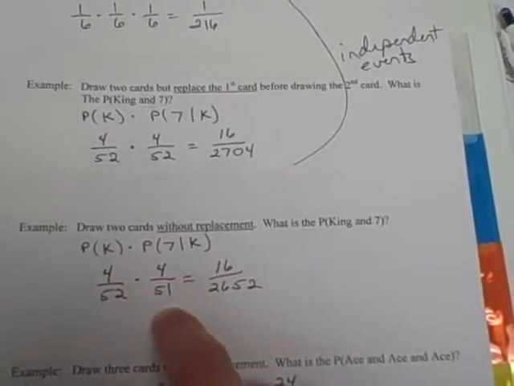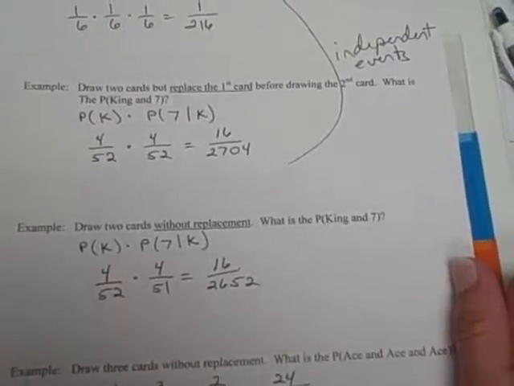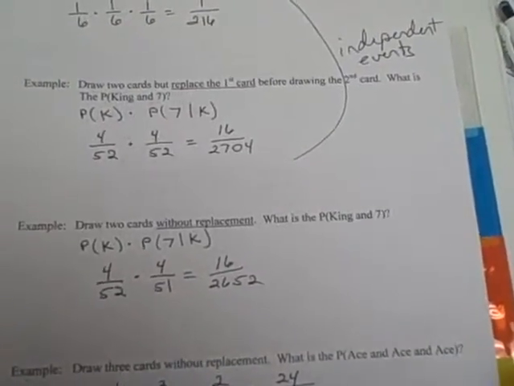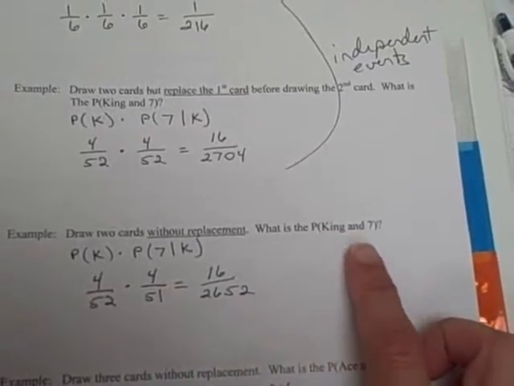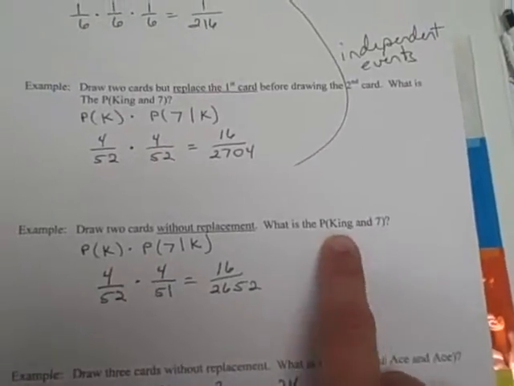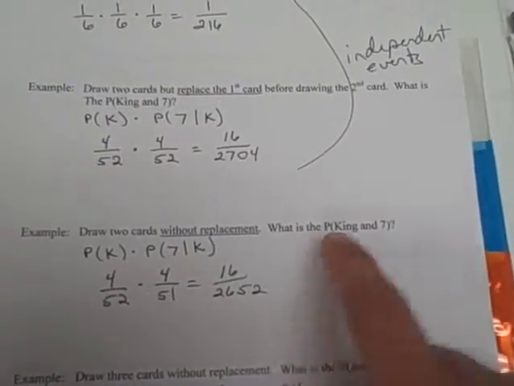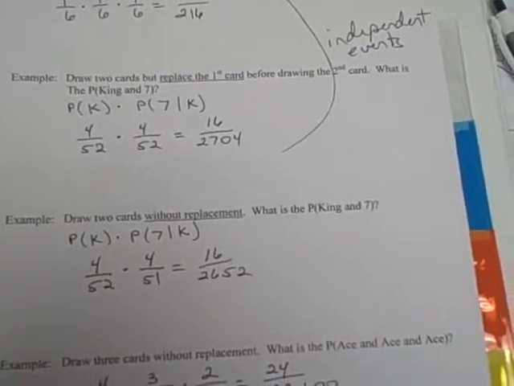Now there's 4 7s out of 51 cards. Multiply straight across, we get 16 out of 2,652. Now, getting a king and a 7 on this one is not independent because the first event happening does change the probability of the second event.